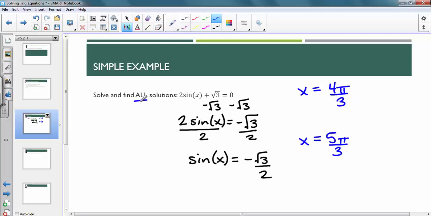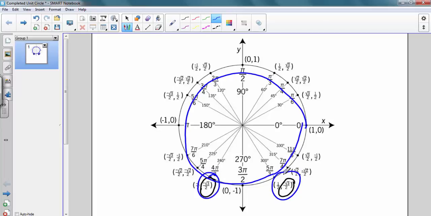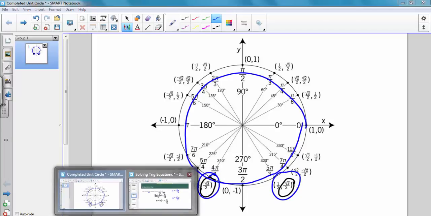But it says that we need to find all solutions. These two solutions are really on the interval between 0 and 2 pi, which just means that we went around the unit circle once. But if I were to go around the unit circle again, I would then have 2 more solutions.